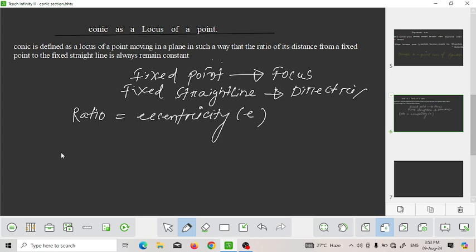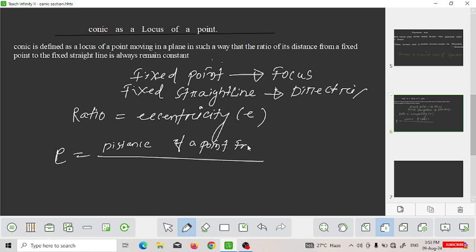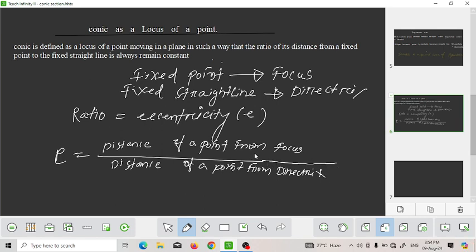So the formula: eccentricity is the distance of a point from the focus divided by the distance of the point from the directrix.